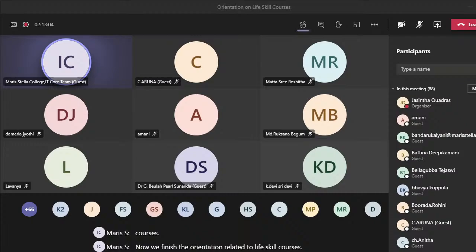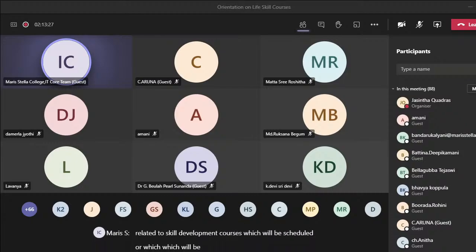You have one more orientation on 30th, that is on Wednesday. Please log in sharp at 9:30. We'll provide you the link to join that orientation also. So be in touch with your mentors, and mentors will forward you the link related to skill development courses. Sharp 9:30 we'll start the session.